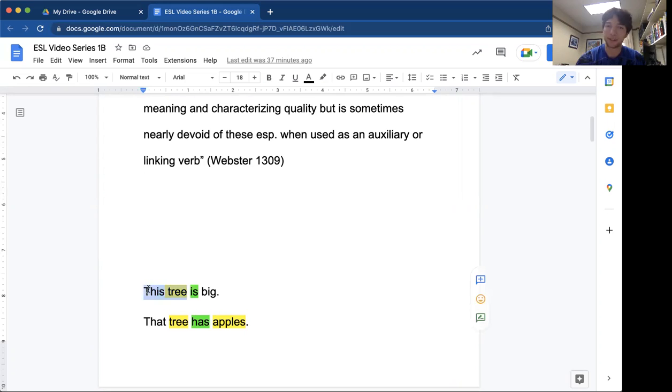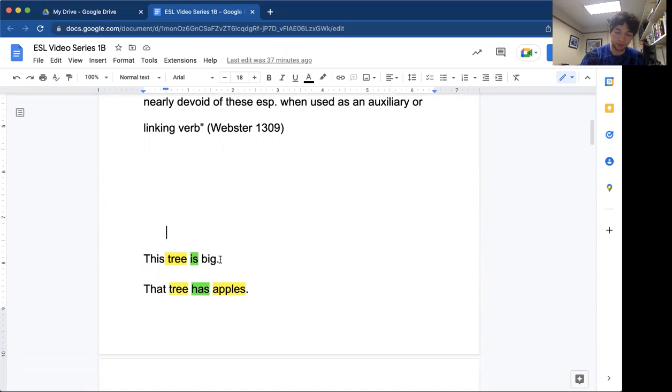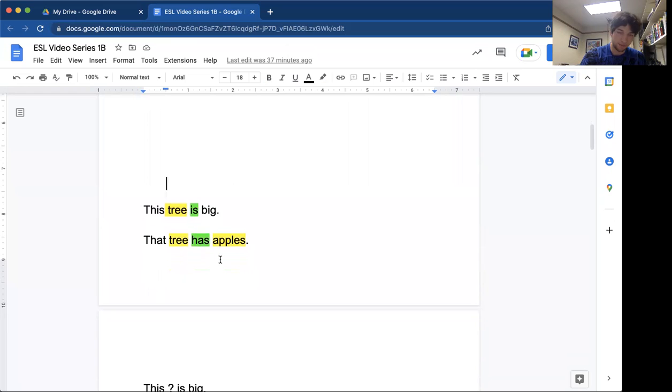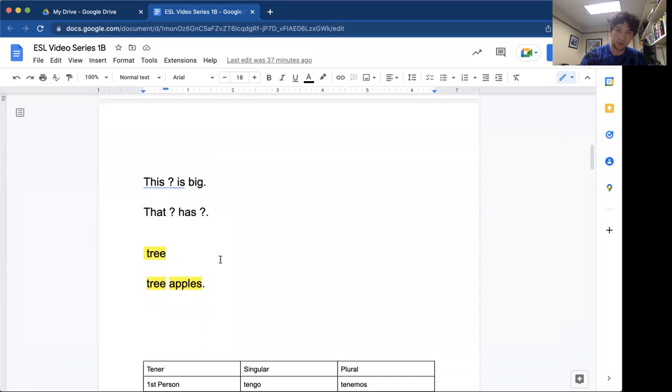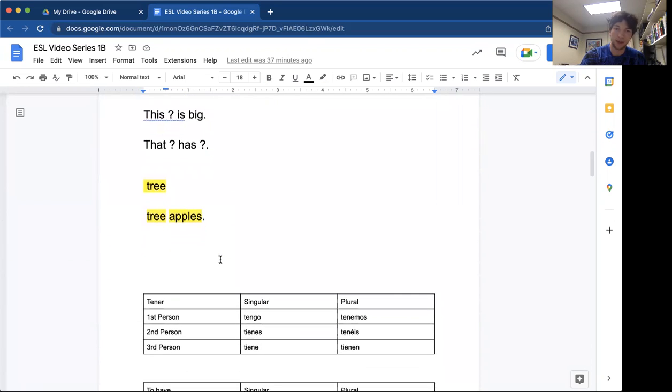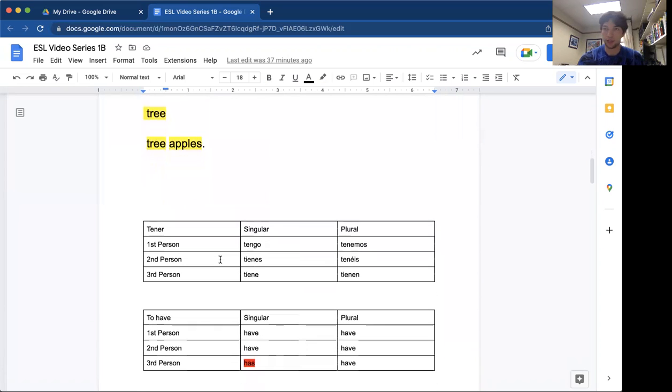So in this case, the subject is this tree, right? That's what we're talking about. And I'm reiterating a little bit, but I just want to get you more comfortable with these different parts of a sentence before we jump into stuff. But the way I want to end this is talking about conjugation in general.